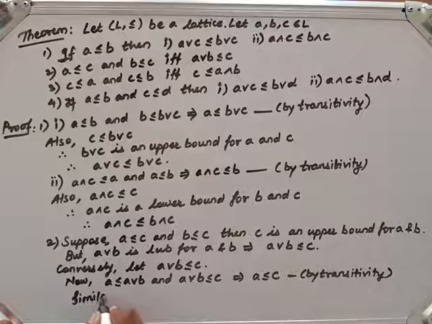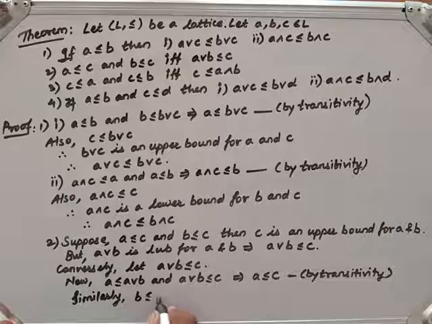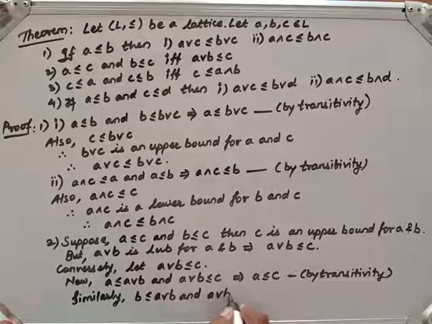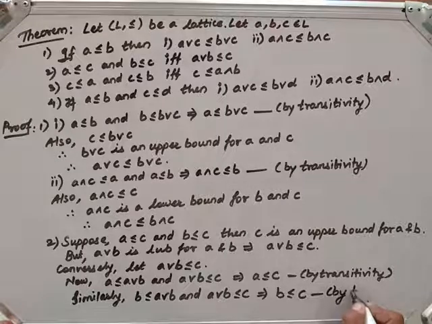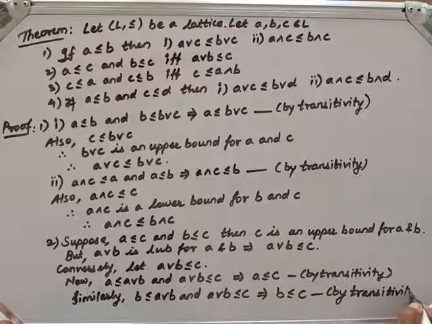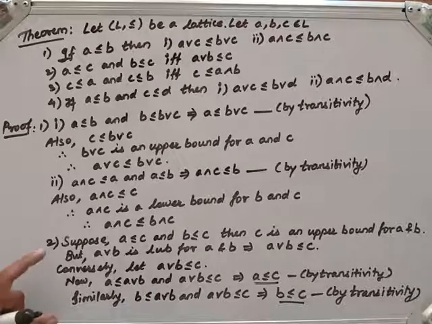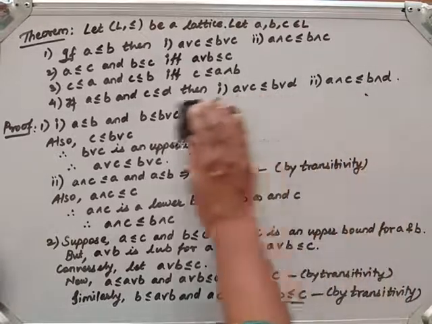Similarly, what can we say? B is related to A join B and A join B is related to C. So this says B is related to C. This is also by transitivity. So this is proved. Conversely, this is given to us and we have proved A is related to C, B also related to C. Now, very similarly, you can prove the third part also.